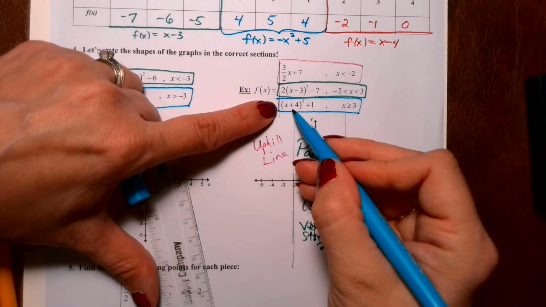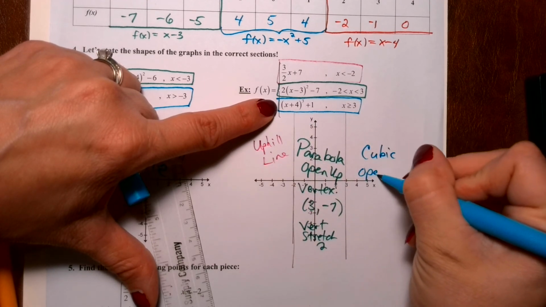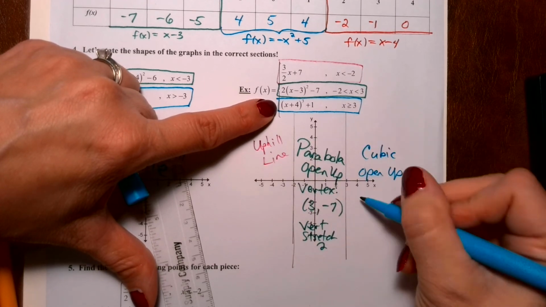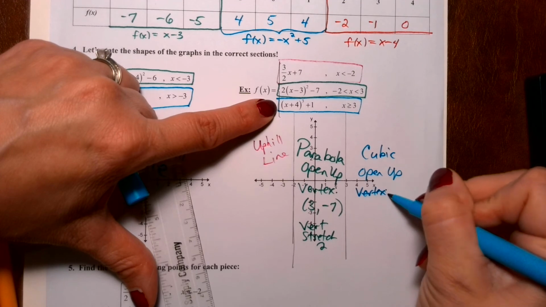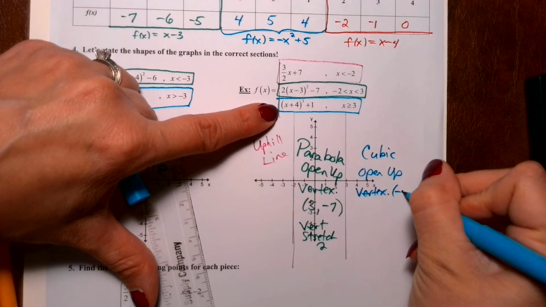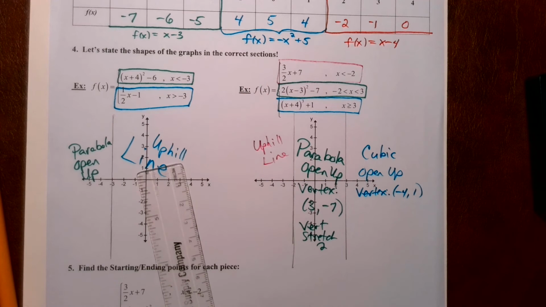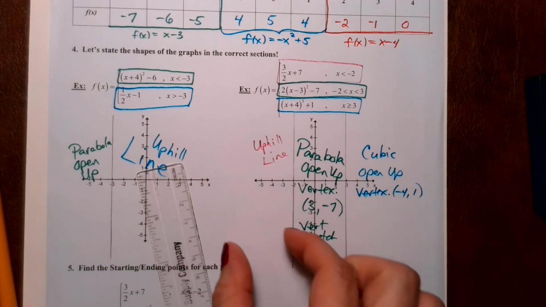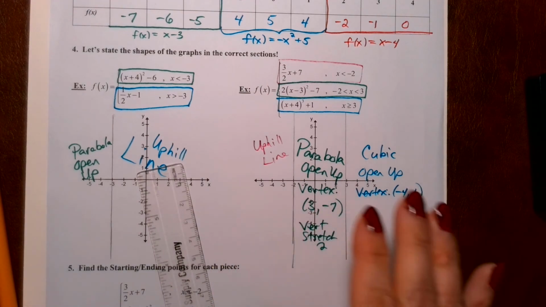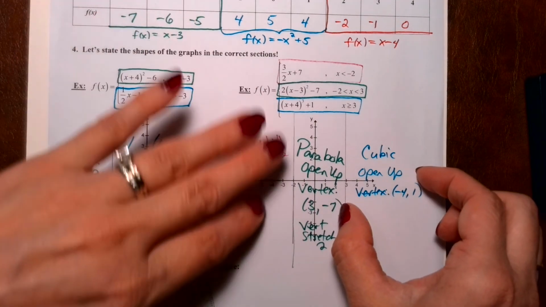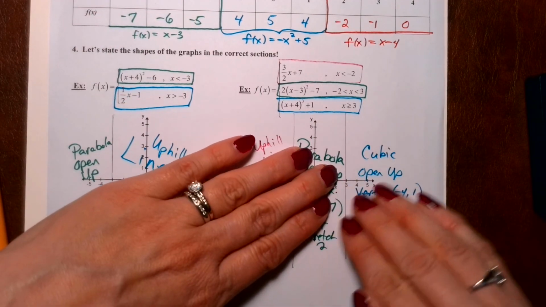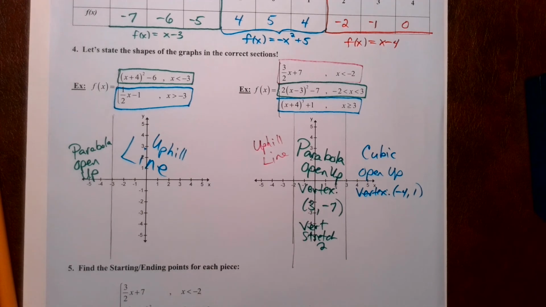The cubic will be opening up. What's the vertex of that cubic? -4, 1. So when we go to do these, we'll have 3 different little pieces, and it's not the entire cubic, just a part of it. We'll have to chop off the rest and just keep a piece of it.